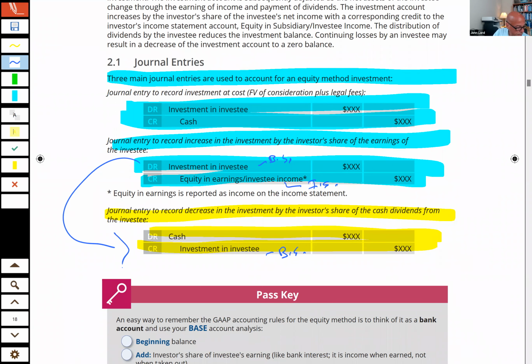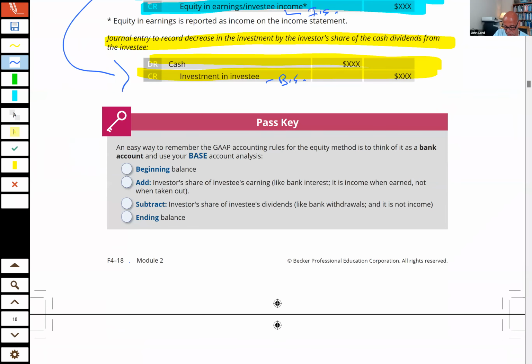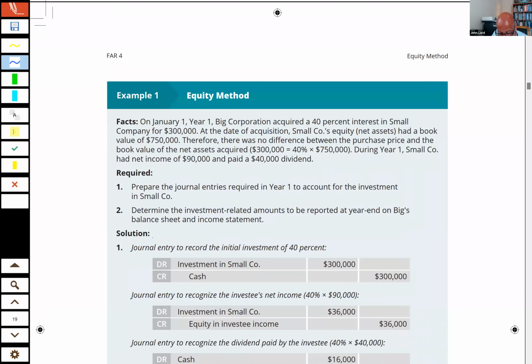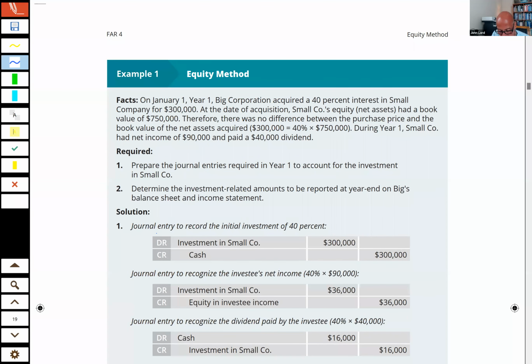Okay, now let's go ahead and look at this numeric example, and then I'm going to come back and have you flashcard that passkey. We acquired a 40% interest in a small company for $300,000. There's nothing else in this fact pattern that says we shouldn't use the equity method, so we're going to use the equity method.